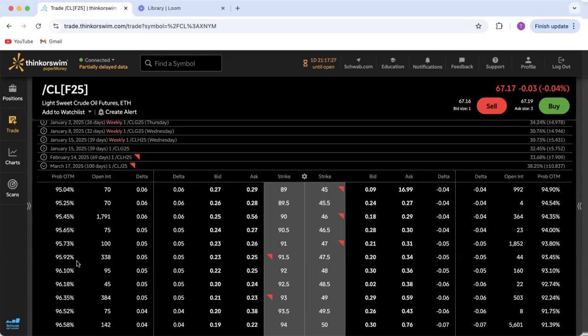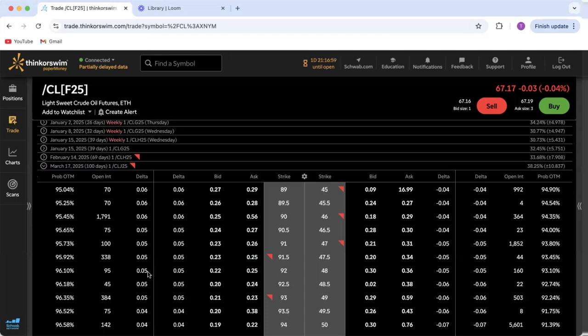Okay. The next column here is open interest. This is how many contracts are outstanding in that strike price right now. So there's 338 buyers out there and 338 sellers that have come together and done this particular contract, us being one of those.